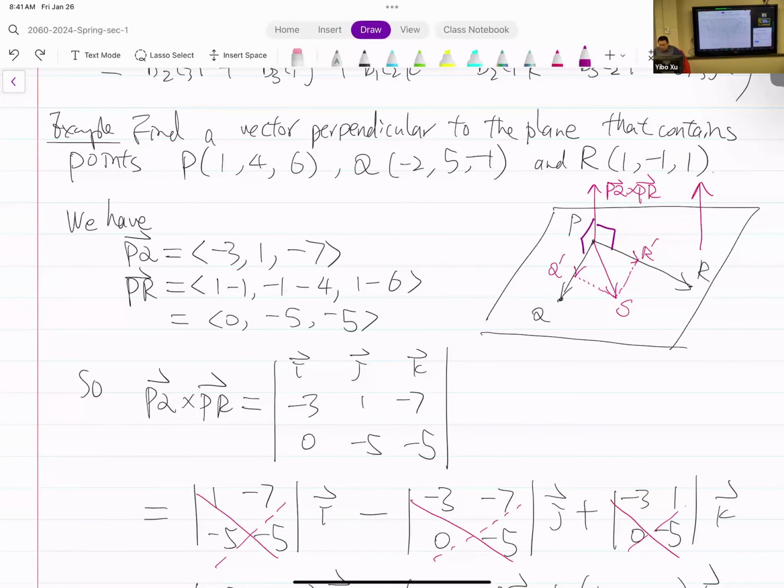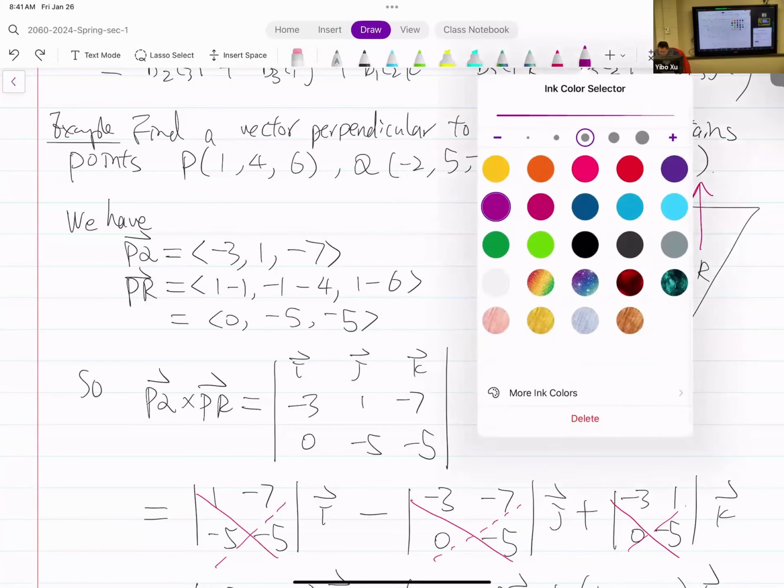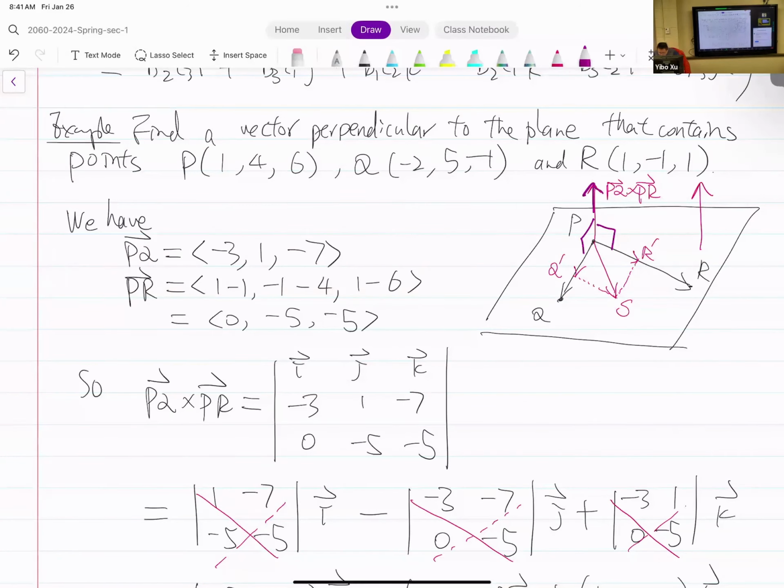So as long as two of the vectors are non-parallel within the plane, and are perpendicular to that vector in purple, then the entire plane is going to be perpendicular to the vector in purple.